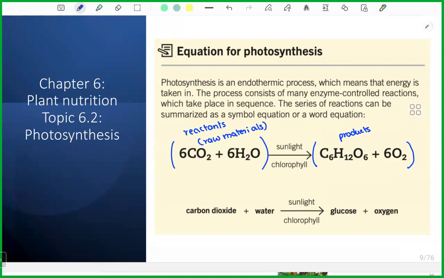Here is another thing I would like to remind students, or whoever is watching this video. The carbon dioxide formula is CO2, water is H2O, and oxygen is O2. Sometimes students get confused when I ask, what is the formula of carbon dioxide? and they just say 6CO2. I ask, how come you got 6 in front?